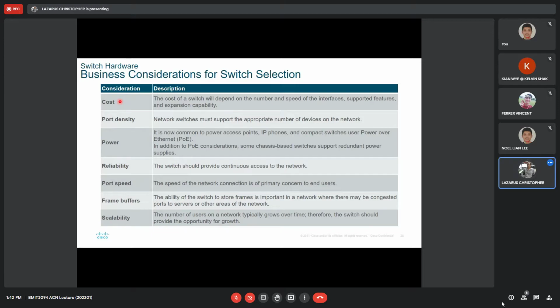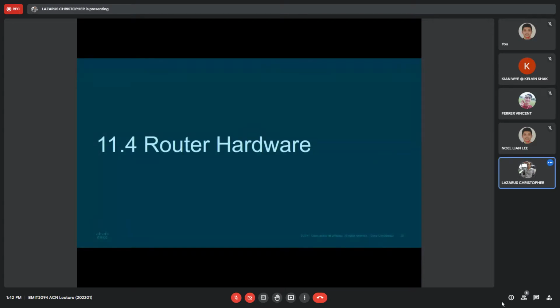Okay, all right. So that's about switch. With switches we are concerned with the number of host devices, because switches connect them together to form networks, right? When we look at routers, we're thinking about the core of your network.